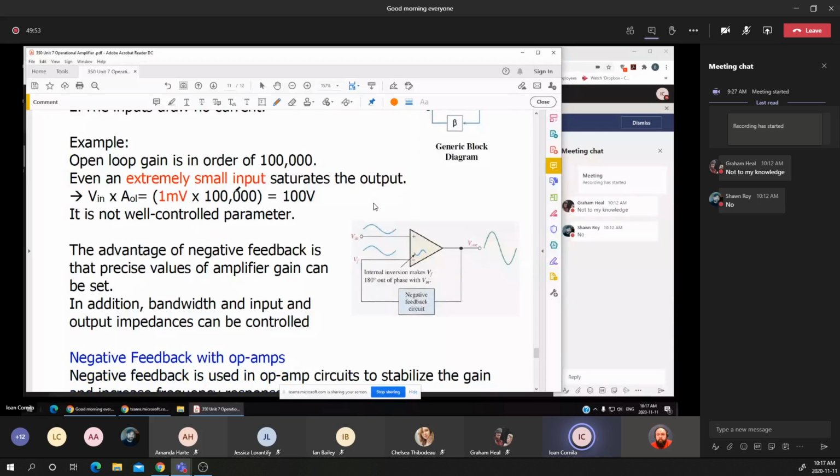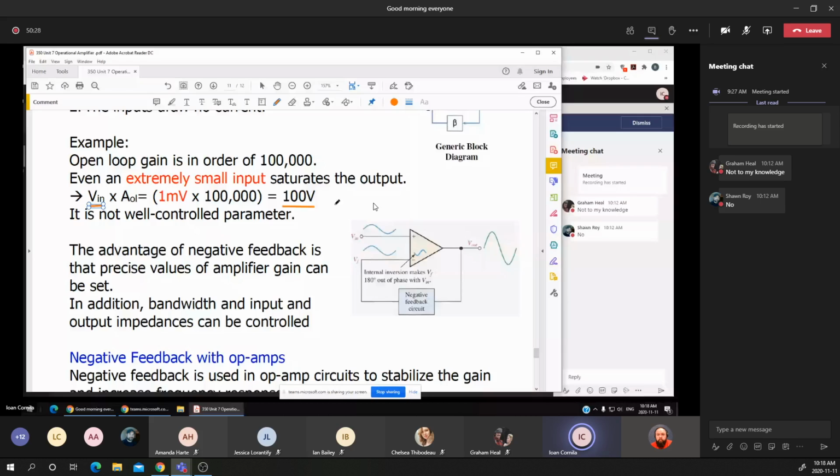Now, what's the purpose of this negative feedback? Even if it is a very small signal, we are dealing with 1 millivolt. I made an example. Suppose that I'm having a very small signal, for example V in as 1 millivolt, can be less than 1 millivolt. It doesn't matter, but multiplied by 100,000, the open loop gain, it will make the output voltage 100 volts.